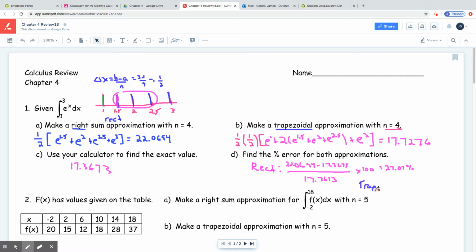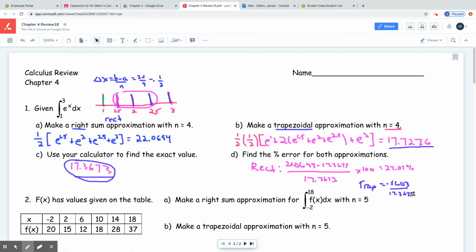Okay. If I were to do the same thing for the trapezoid, in the calculator what you should be plugging in is this minus that. So if I do that real quick on my calculator, I get like 0.3603. Now I'm going to divide it by that number, 17.3673.